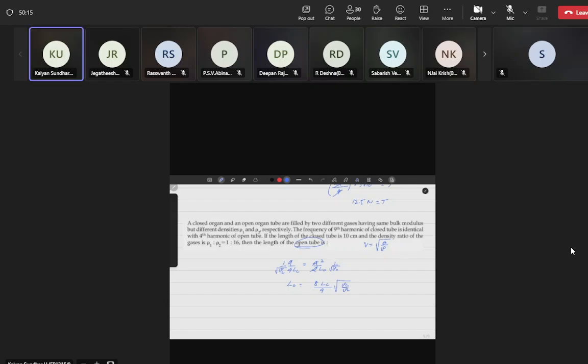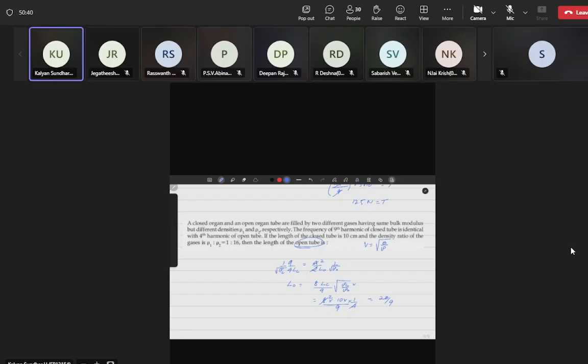The ratio rho C by rho naught has been given as 1 is to 16, so it is 1 by 4. This will be 8 into LC, how much is LC, sir? 10 centimeter, divided by 9 into 1 by 4. So it cancels out. This will be 20 by 9, correct?